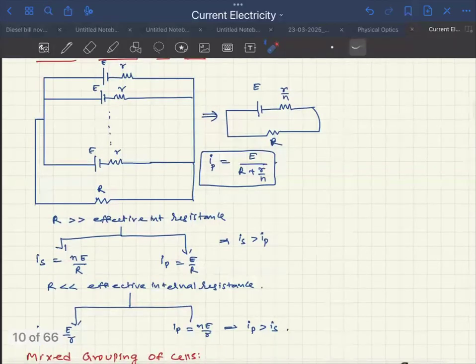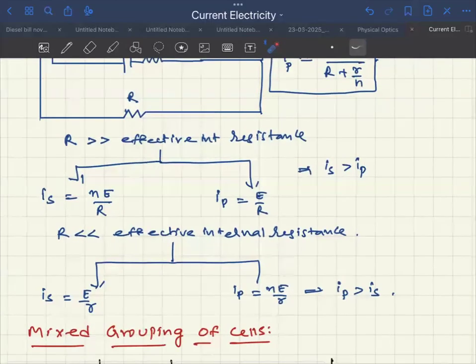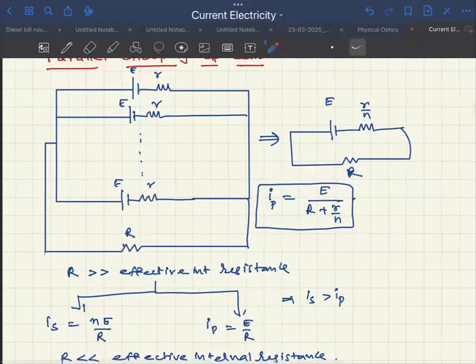Now, sir, why did you teach us two different things? Why did you take series? Why did you take parallel? Now I will explain. Suppose the load resistance is very high when compared to the effective internal resistance. In this case, you will simply ignore the internal resistance.